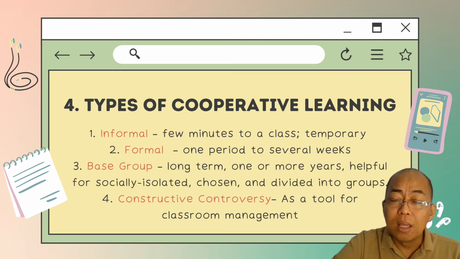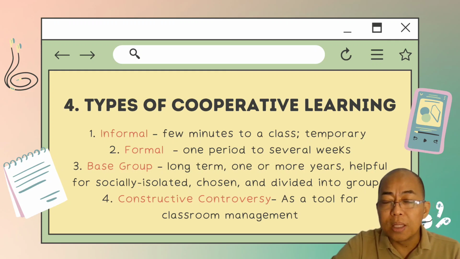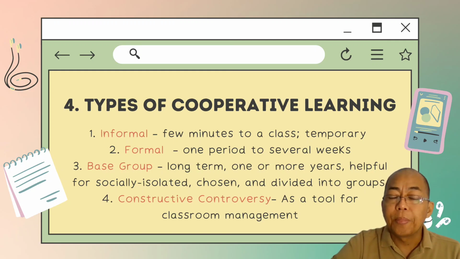In fact, he told his group mates that he was going to stop coming to school. But good thing that one of his co-members informed me about his concern, and because of the learning groups, I was able to address the concern of that particular student.